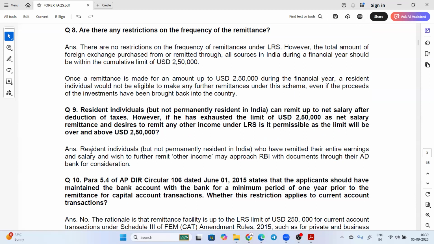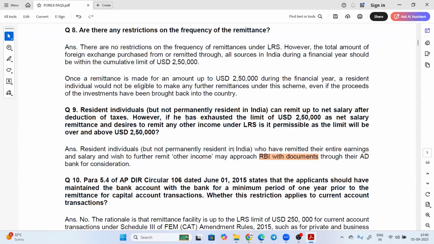Resident individuals who have remitted their entire earning and salary and wish to remit further other income may approach RBI with documents through their AD for consideration. This is only for a person who is not a permanent resident of India.